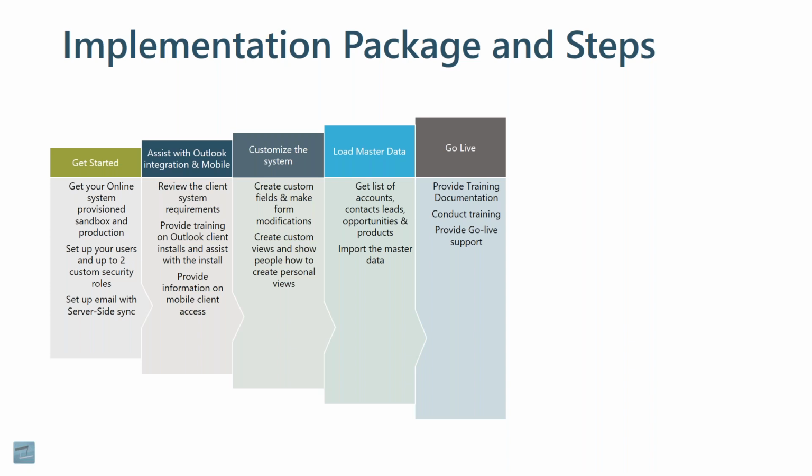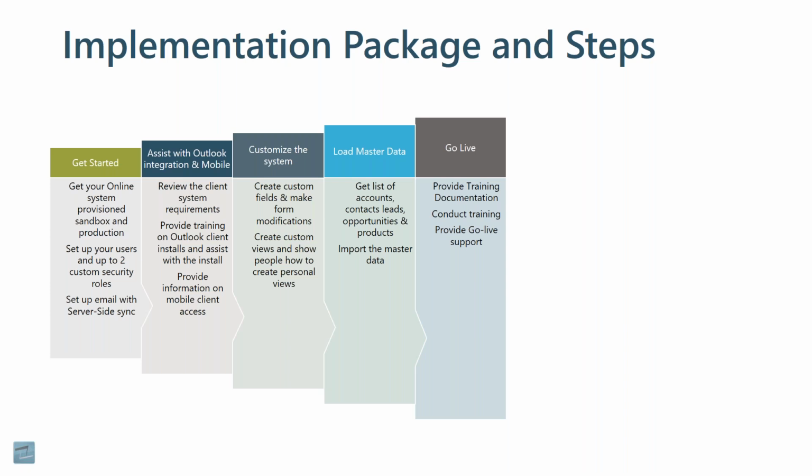We'll set your security roles up, so you have the people who can access the system, and then you have the roles, the ability to access the necessary sales pieces of the system, and then we'll get server-side sync set up. So any of that activity syncing with Outlook using server-side sync in your online Exchange, we can get that in place too.